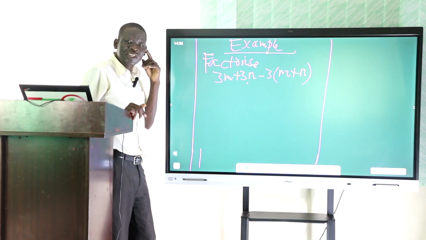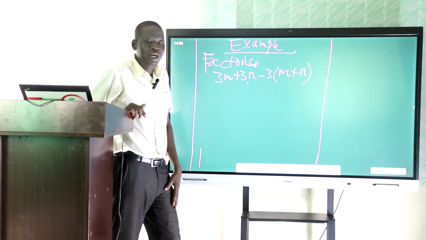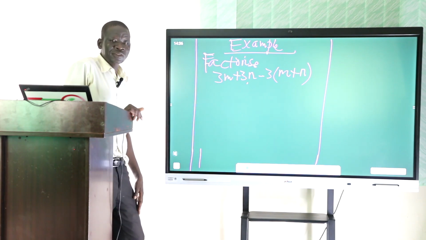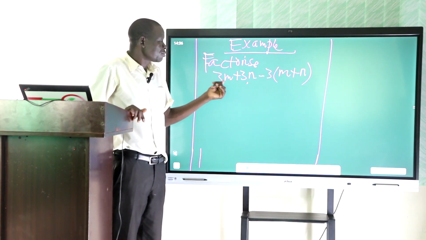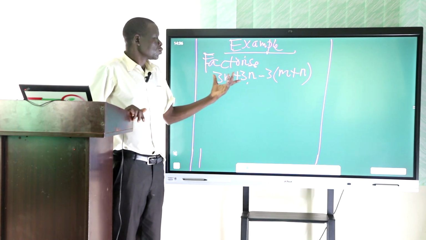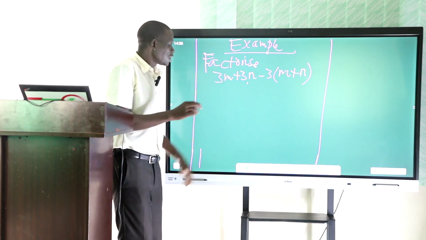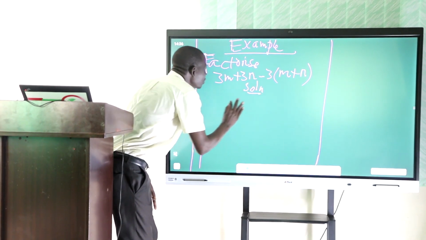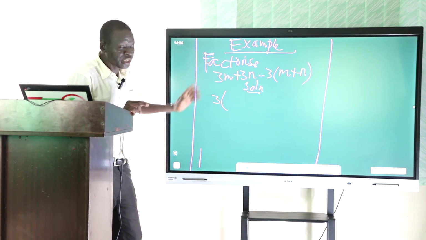And when we are factorizing, the factorized statement must contain brackets. So here we look at what we call common factors. In this case, the 3m plus 3n, when we look at this, you can see that the common factor here is 3. So we shall begin by pulling out the 3. How do I pull out the 3? Here we say 3 into, we create a bracket there.